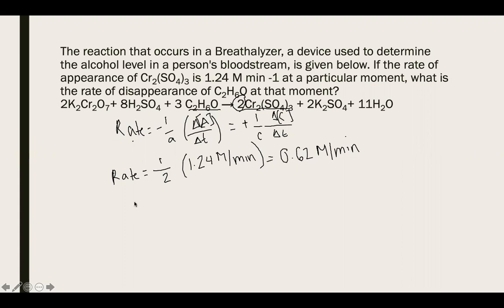And so again, we have our rate equals -1 over A because it's a reactant, and our stoichiometric coefficient is 3 for this one.